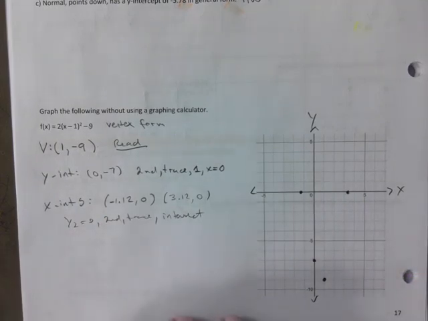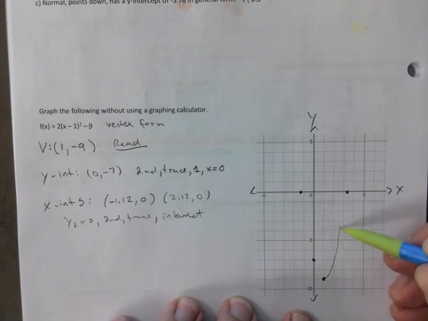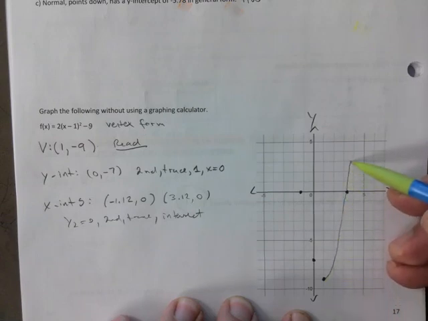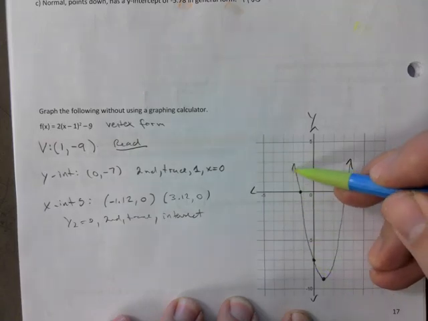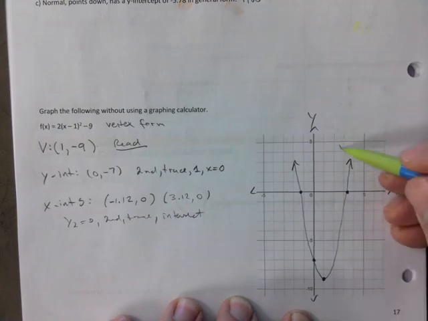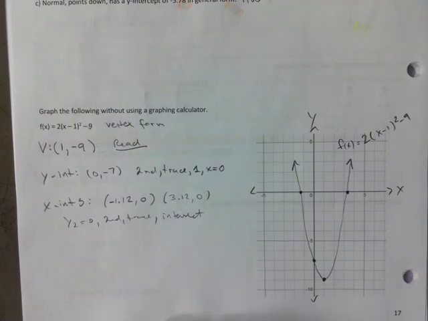You've got everything you need to graph this. Nothing really changes all that much. There we go. And just write down x minus 1 squared minus 9. There you go. There's your graph.